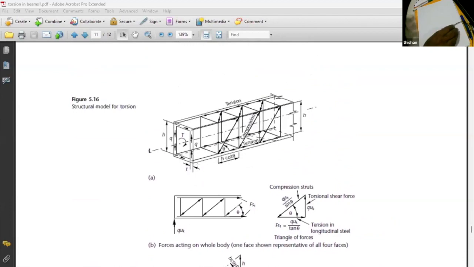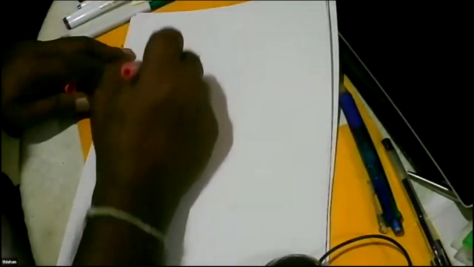So just have a good look at this particular diagram. Now I'm going to stop sharing and move to the white sheet. So basically what we have is this diagram.